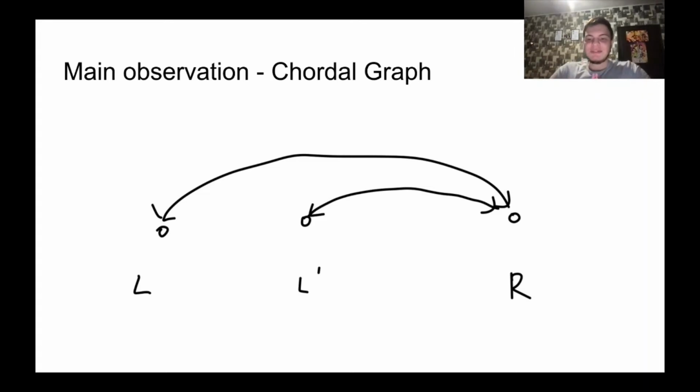All right, let's first consider some free positions in the initial string. We are going to consider such positions that we have an edge between L and R and L prime, and by an edge, I mean an edge between the vertices.